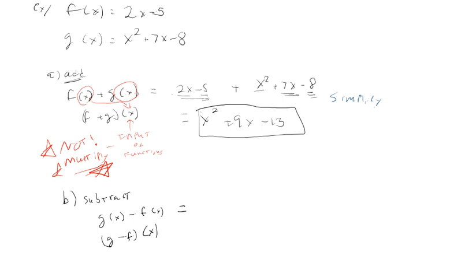So be careful about the order of the equations. This one says g of x minus f of x. So I need to do this in the correct order. I need to put my g of x first. That's going to be x squared plus 7x minus 8.